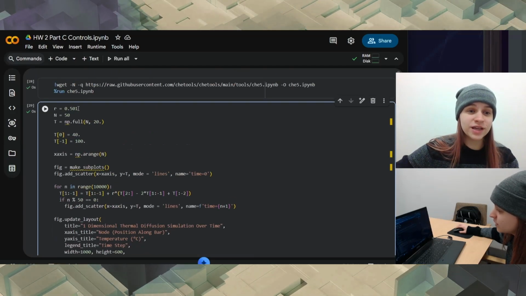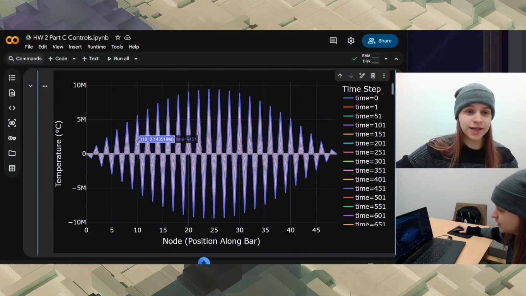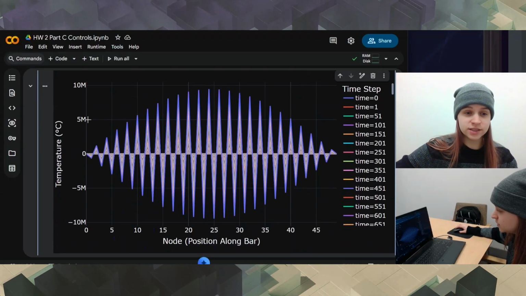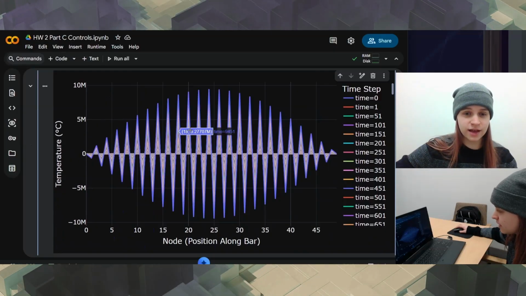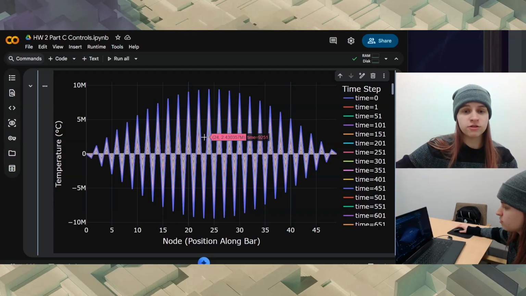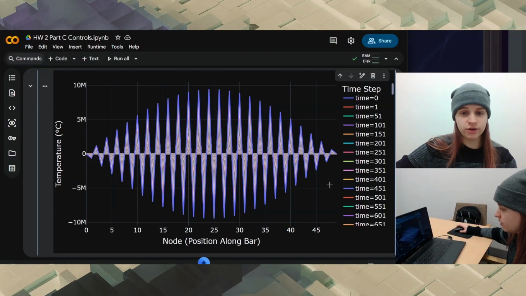So this is only a little bit above 1/2, and immediately, look at this, 5 million degrees Celsius. Obviously that's not how this would behave. So it's going completely out of whack, completely diverging, oscillating like crazy.